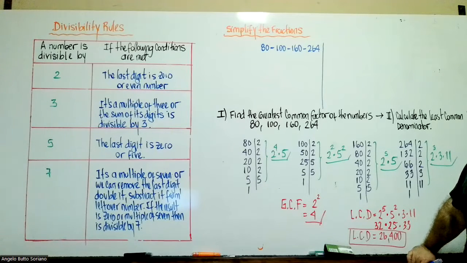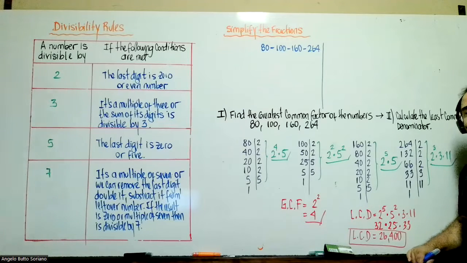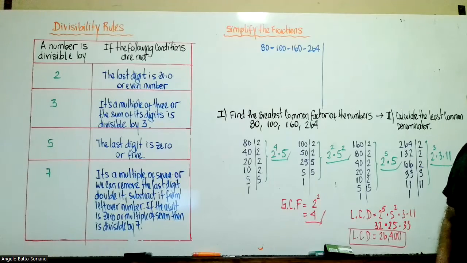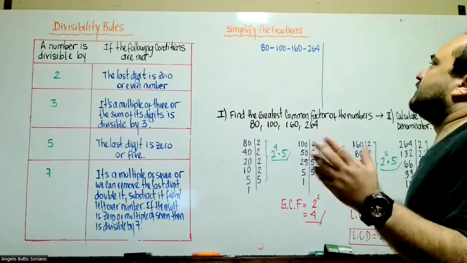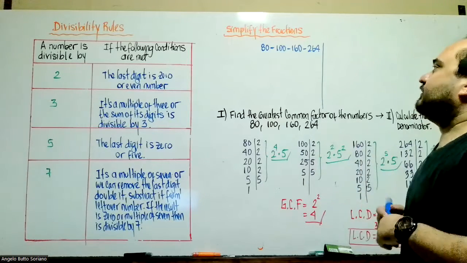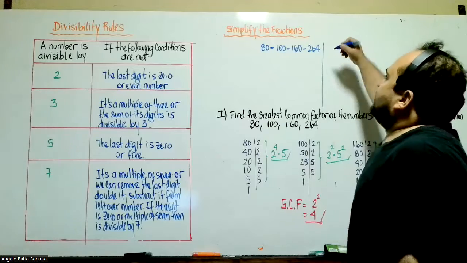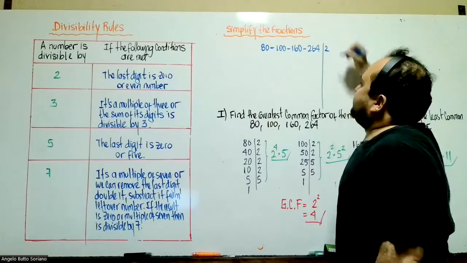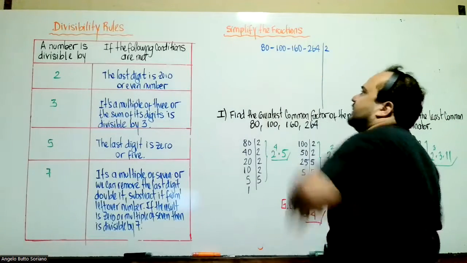So just in case we have a number that cannot be divided by 2, the only thing I have to do is copy the number and continue with the rest of the numbers that comply with the rules. I'm going to show you in the problem. So let's see it. These numbers can be divided by 2. So all of them divided by 2.